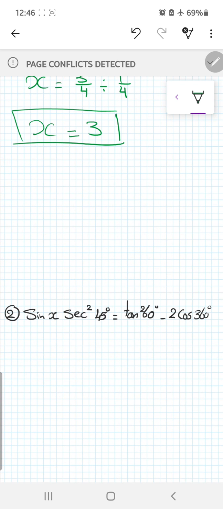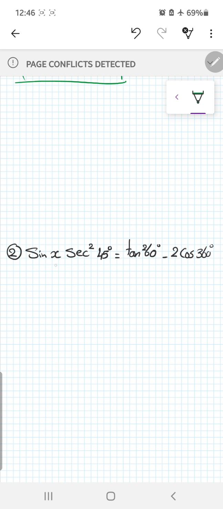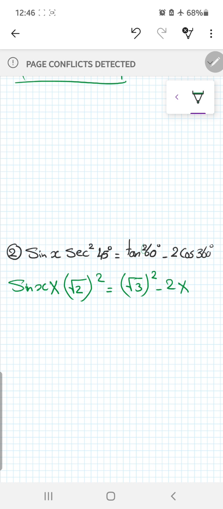Okay, another example: sine x sec squared 45 equals tan squared 60 minus 2 cosine 360. First, sine x times sec 45, which in your calculator is root 2, sec squared, all to the power 2, equals tan 60, which is root 3, tan squared, all to the power 2, minus 2 times cosine 360, which equals 1.